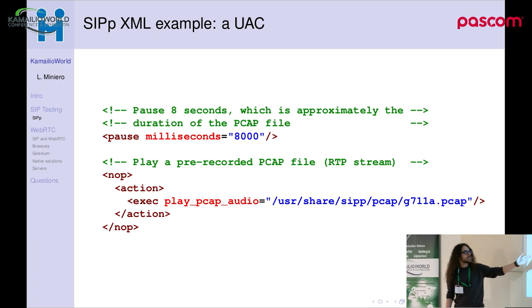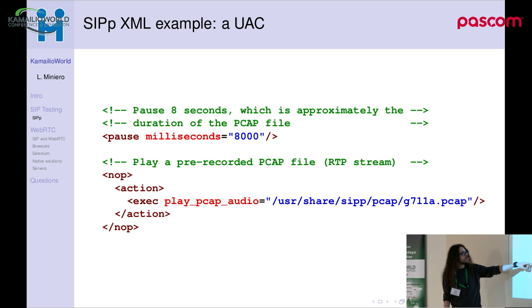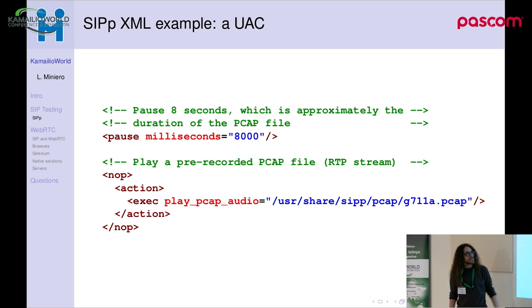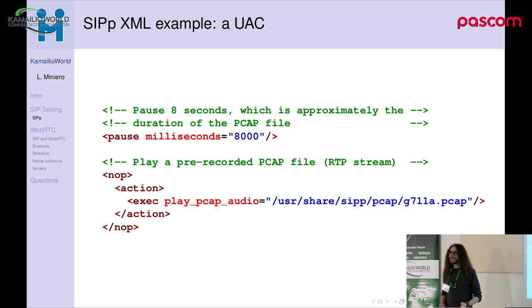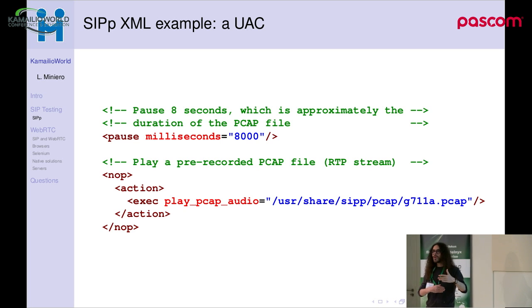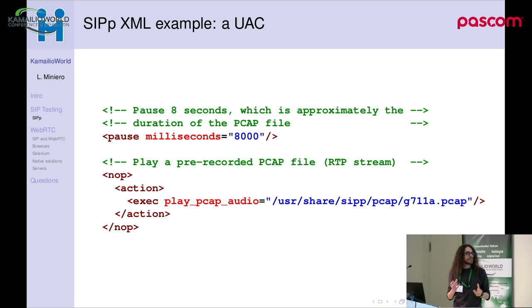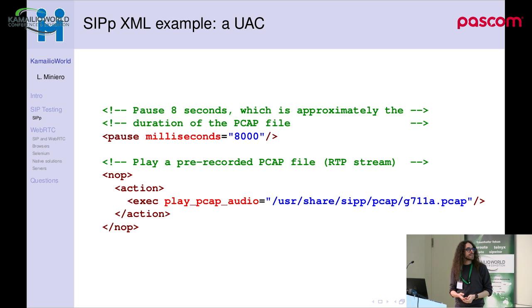And in fact, it's pretty straightforward. We typically just use an XML snippet that looks like this, where you point to the pcap file that you want to replay, and you have to match it with a pause element that basically says pause for this amount of time, which is basically the length of the pcap file.